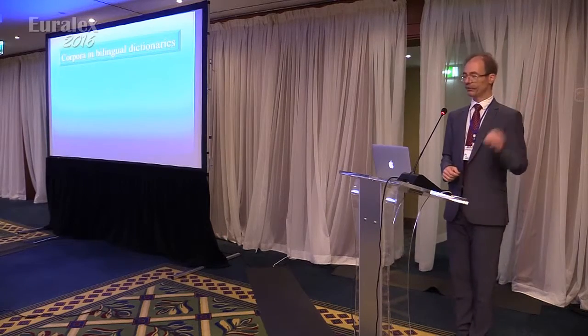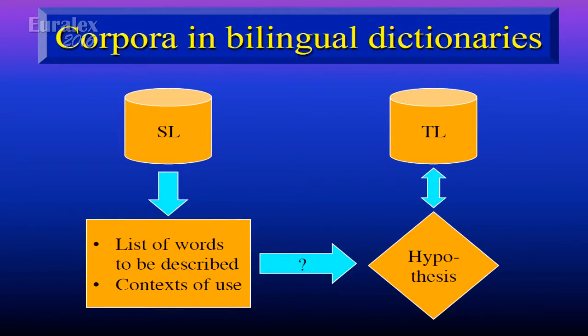But what we've seen so far is then the use of corpora in monolingual dictionaries. How is that if we turn to bilingual dictionaries? Here we have two corpora, a source language corpus and a target language corpus. This situation has been described by Sue Atkins in her plenary in 2002 in Copenhagen.